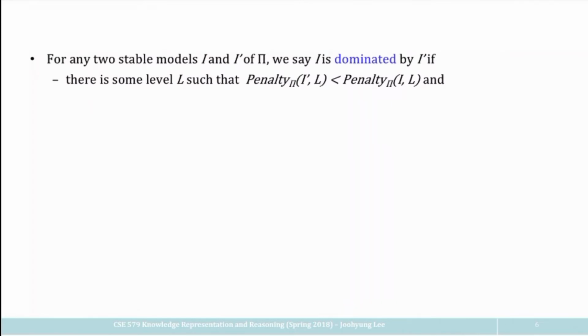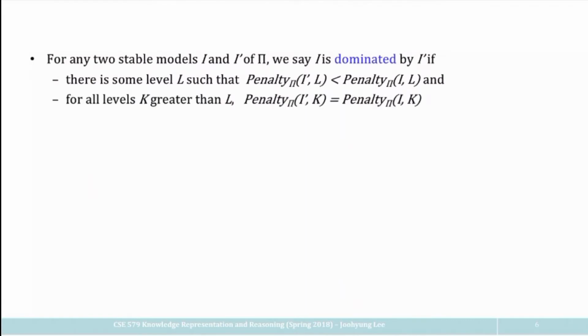Good. On the other hand, you also need to say how these different levels are related. So for all levels greater than k, their penalties should be the same. So what we are doing is checking at the highest level. If they are equal, the tie breaking goes to the next level, and so on and so forth.